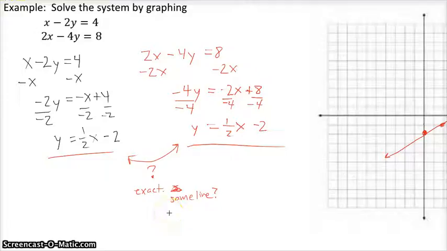So if they're the exact same line, what does that mean in terms of my answer? Well, if you take one line and put it right over top of the other one, every point is an intersection point.